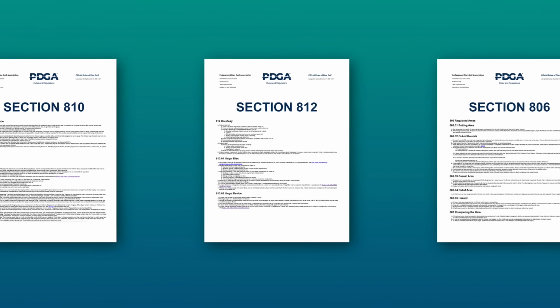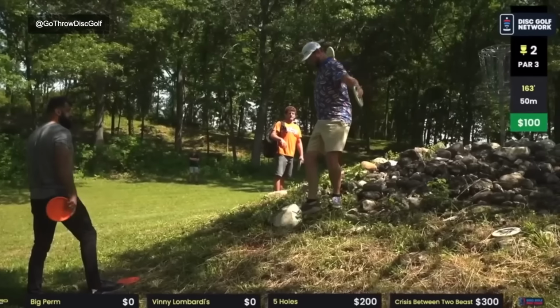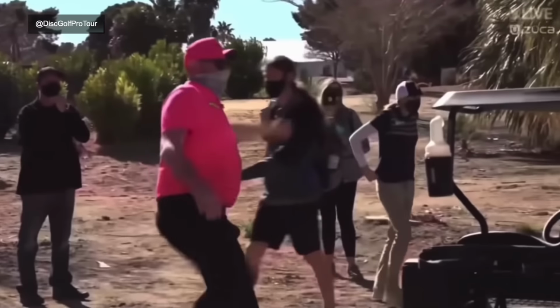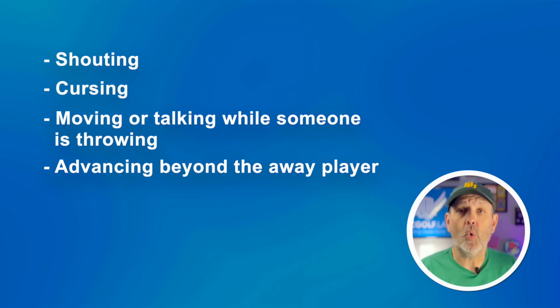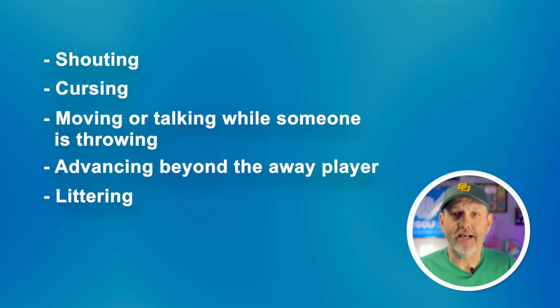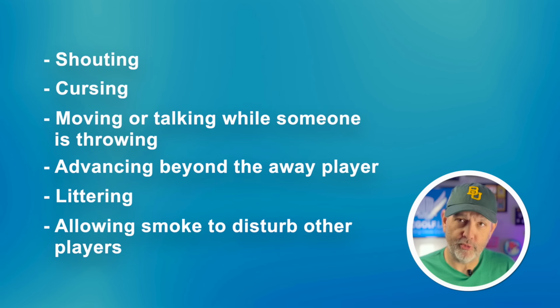The rules explicitly prohibit doing anything that is distracting or unsportsmanlike, a blanket prohibition, but they go ahead and list some examples. Shouting, cursing, moving, or talking while someone is throwing, advancing beyond the away player, littering, and allowing smoke to disturb other players.